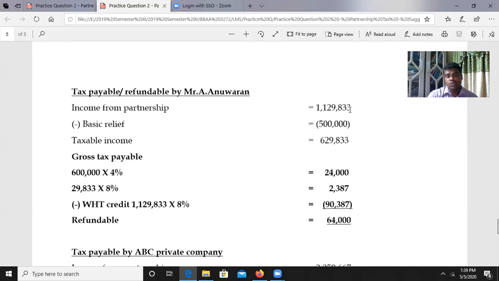The other 2 parts should be allocated for the ABC private company, according to their profit and loss sharing ratio. So income from the partnership is 1,129,833 rupees. From that, we need to reduce the basic relief, which is 500,000 according to the act. An individual can be deducted 500,000, so that 500,000 can be allowed.